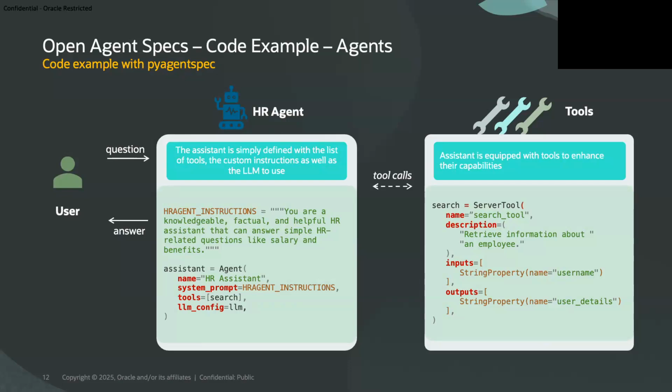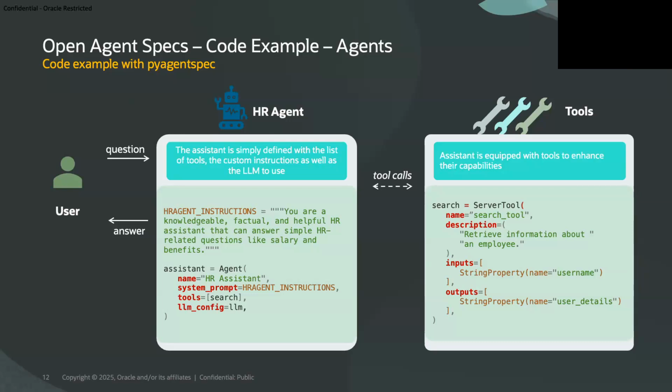So on the right is the definition of a server tool. I'll explain a bit more in detail right after why we call that a server tool. This tool has a name and a description to define what the tool does, and it also has inputs and outputs to define how to invoke that tool and what the result would be.